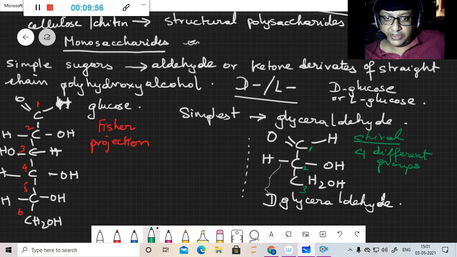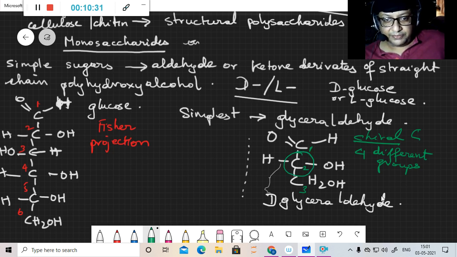One group is this group over here, the second group is only the O, and the third group is H. So it is not the chiral carbon. Carbon number 3 is attached to 2 hydrogens, so it is attached to 2 same groups, so it is still not the chiral carbon. Only the second carbon is attached to four different groups, so this is the chiral carbon.